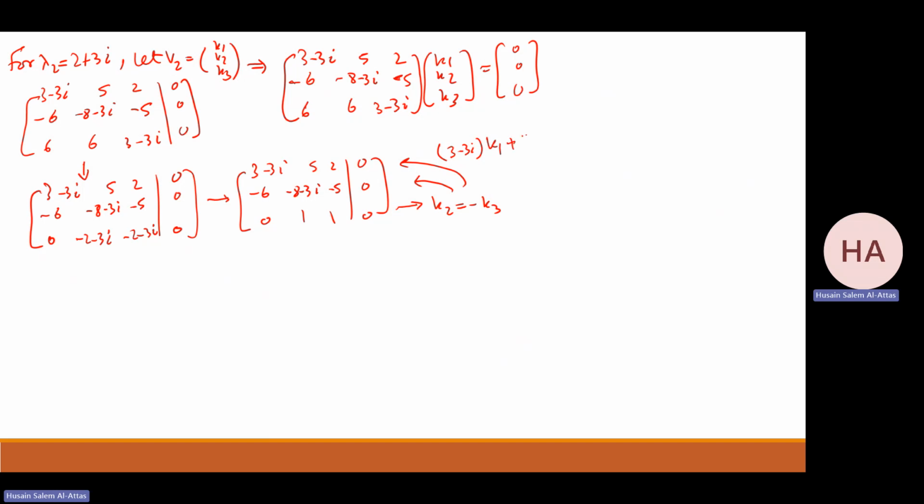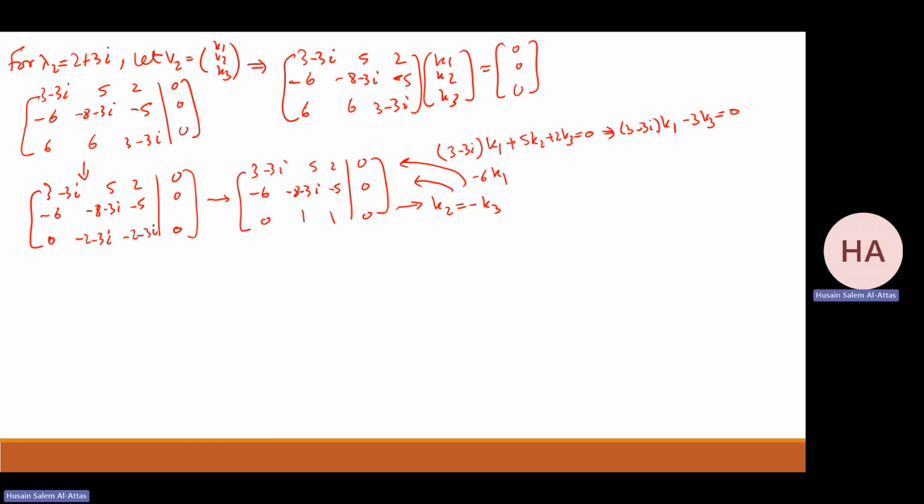Let me do it in steps, at least the first. This equation is 3 minus 3i K1. K2 is minus K3, so it's minus 5K3 plus 2K3. That will be minus 3K3 equals 0. The second one, let me do it right away. Yeah, no, I need to do it in steps.